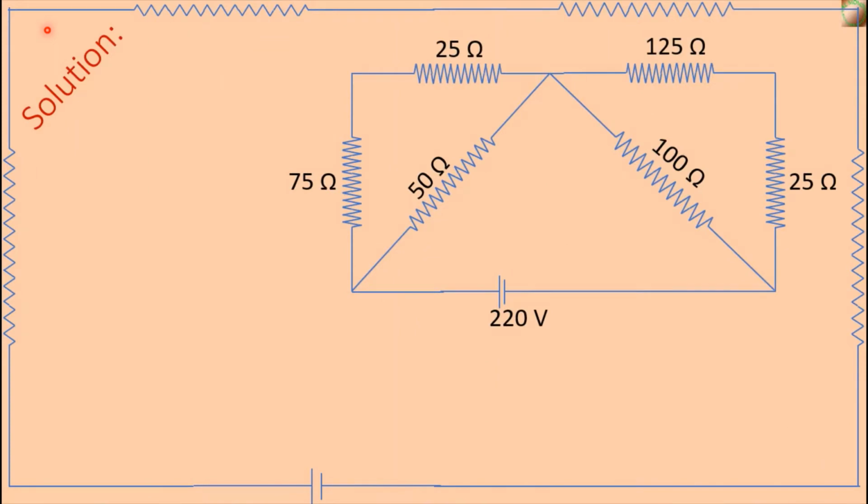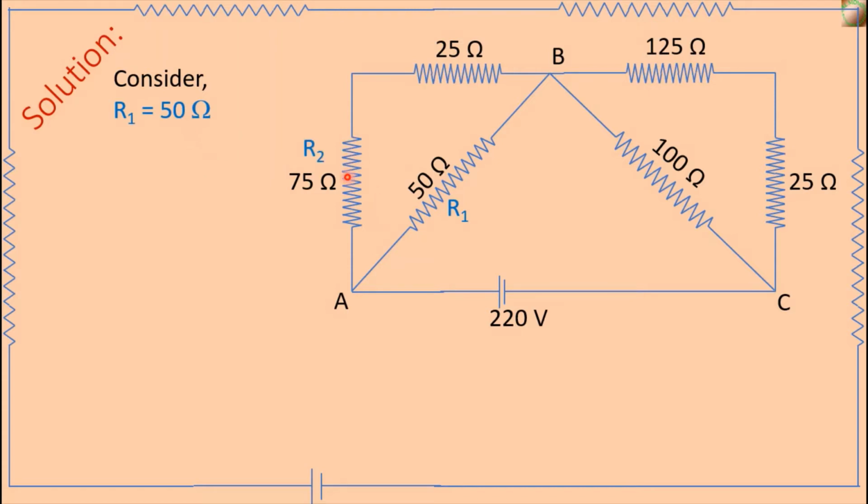This is our given circuit. Consider this point is A, this point is B, and this point is C. A point, B point and C point. Consider this resistance is R1 and the value of R1 is 50 ohm.